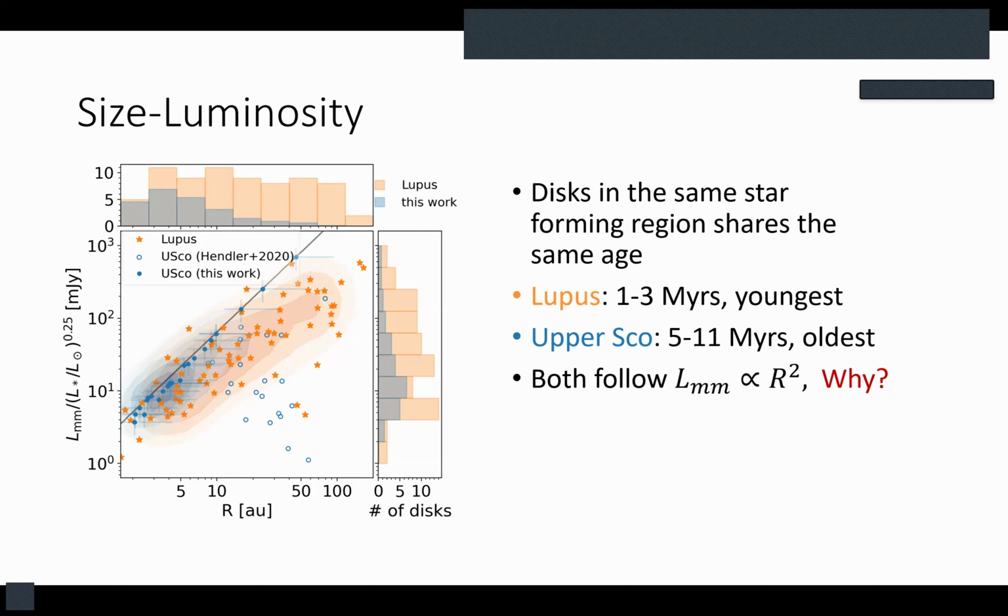What was this thing with Upper Sco in 2020 and then this work? That's presumably the same data, so why is there such a difference? Well, the filled dots here are the measurements of previous work, and they argued that for the oldest disks they just become optically thin objects.